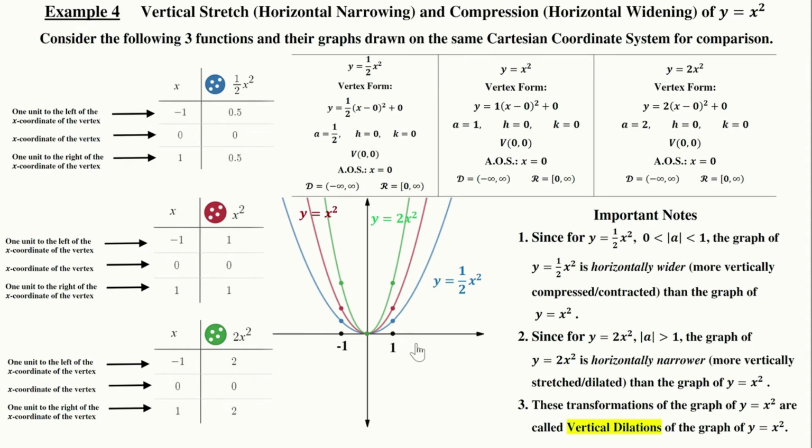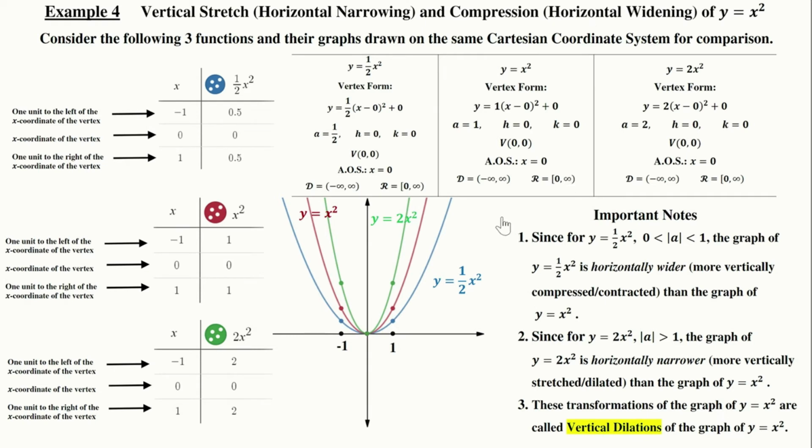A lot of people are confused about this, and unfortunately, I've even seen some teachers explain it incorrectly. So the actual correct terminology here would be a vertical compression. But the overall effect is that the parabola, when the coefficient here is between 0 and 1, ends up looking wider than the reference parabola.